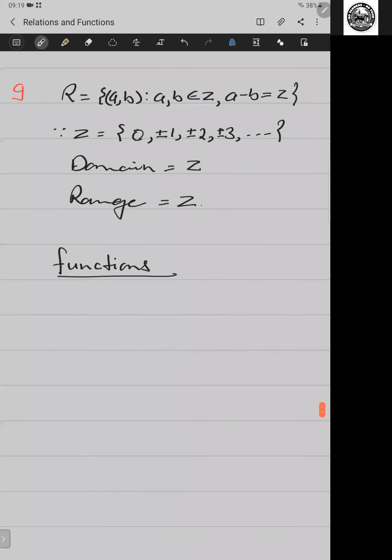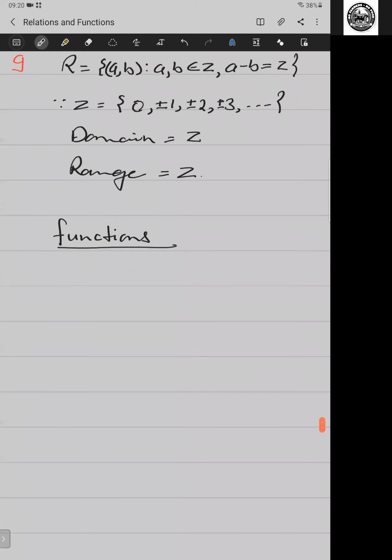So let us think, what are functions? A special type of relation is known as a function.